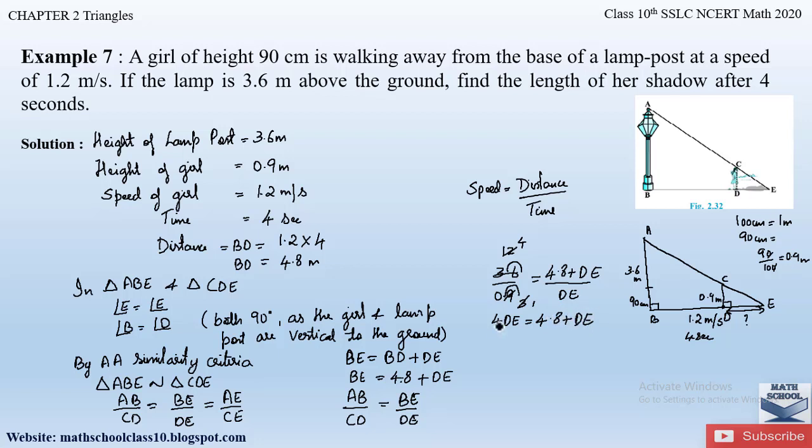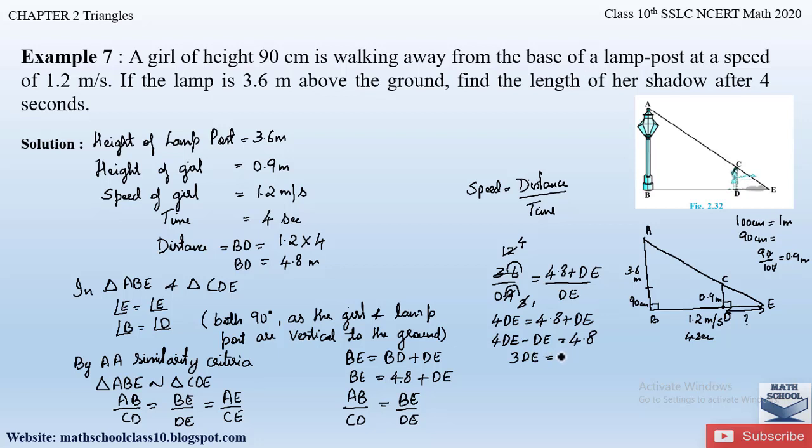Send this DE to the left hand side. So 4DE minus DE is equal to 4.8. So 4DE minus DE is 4 minus 1. There is no coefficient here, so we are taking it as 1. So 4 minus 1 is 3DE.